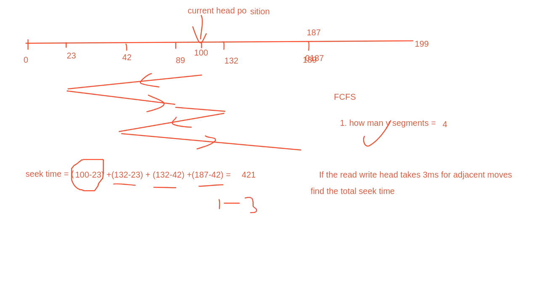So for 421, how many milliseconds? You just multiply 421 into 3, so you will get the seek time, sorry, not seek distance. Tell me how much 421 multiplied by 3 milliseconds.